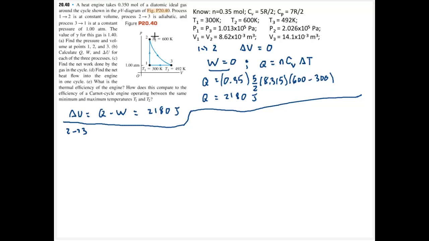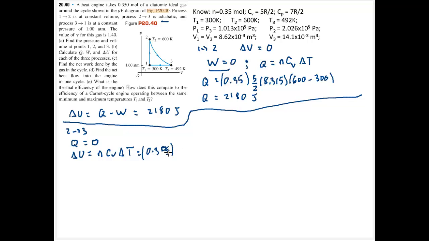This is going to be an adiabatic process, so what that tells us is the Q is going to be equal to 0. For any of these processes, I can write the change in internal energy is going to be equal to n times the CV delta T. So for this, it's going to be 0.35 moles.